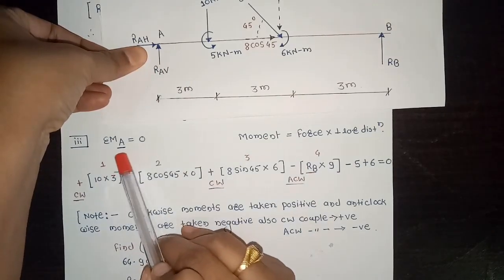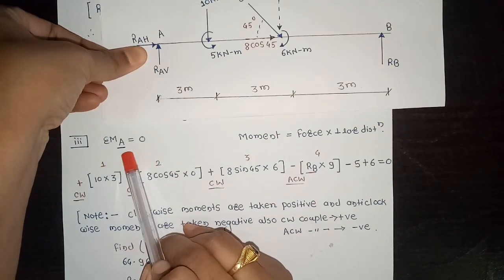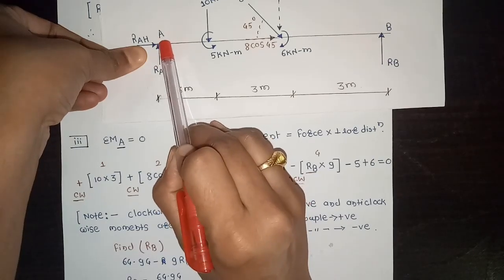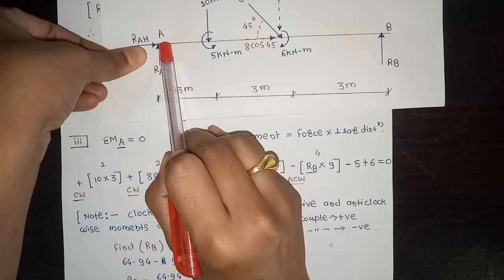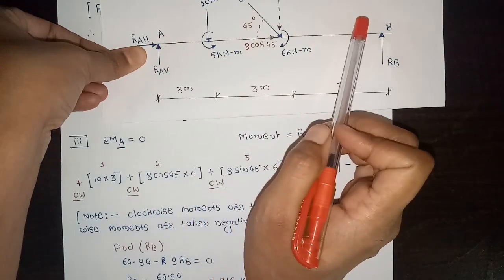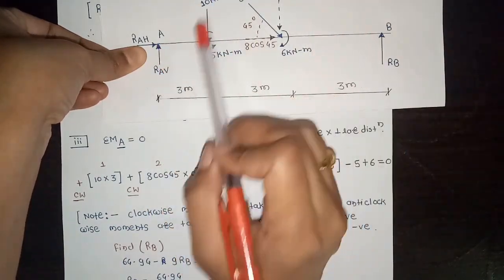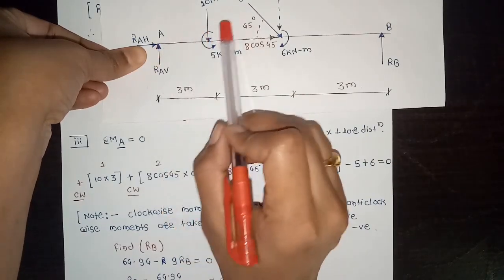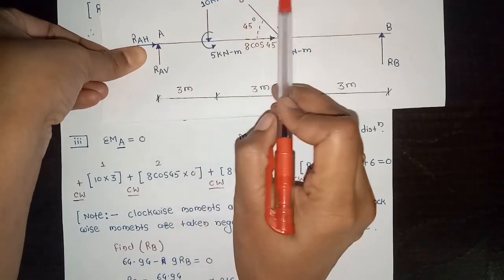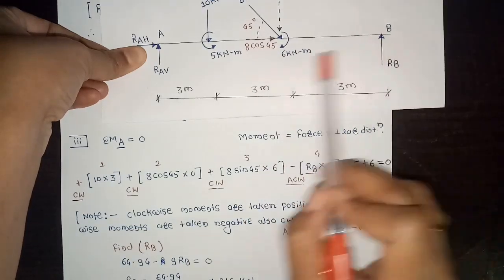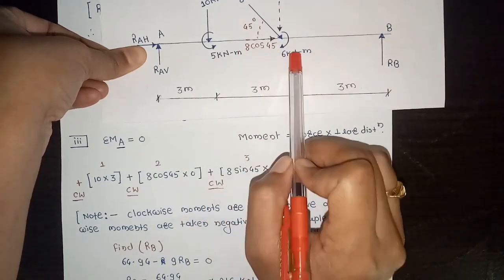We have to calculate summation moment at point A is equal to 0. So how many forces are in the right section from point A? 10 kilonewton first force, second force, third force, and this is the fourth force, and 2 rotational couples.